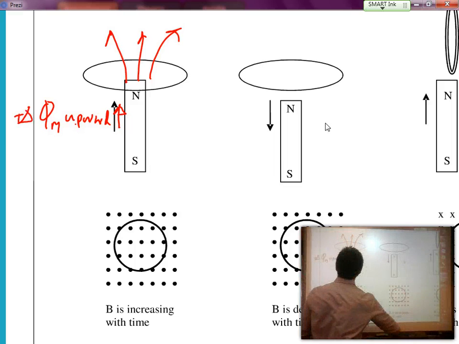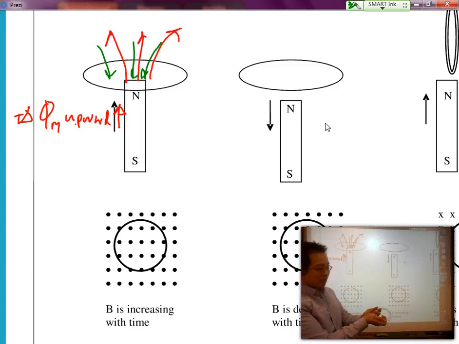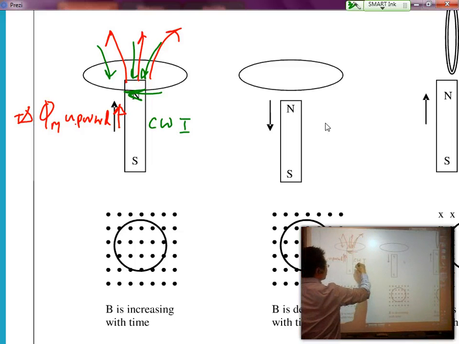So it's going to create its own magnetic field in the opposite direction. Okay? So now in this case, when I use my hand rule, if I see that the magnetic field is going down, use my first hand rule, my thumb is pointing to the left when I grab on, because it's going in. So that means that overall, I have a clockwise current being produced.